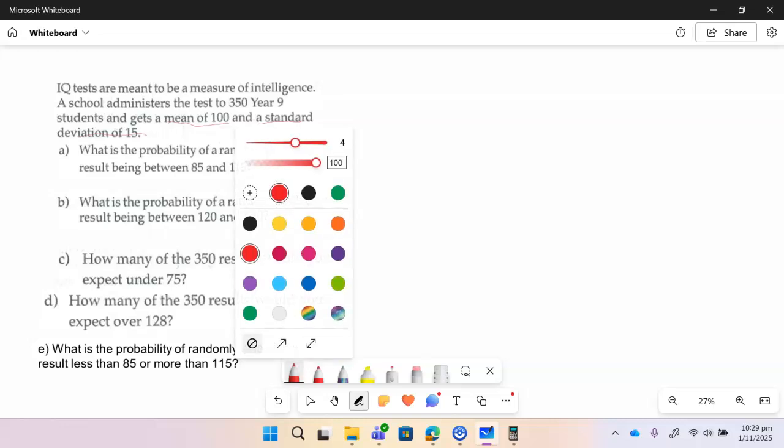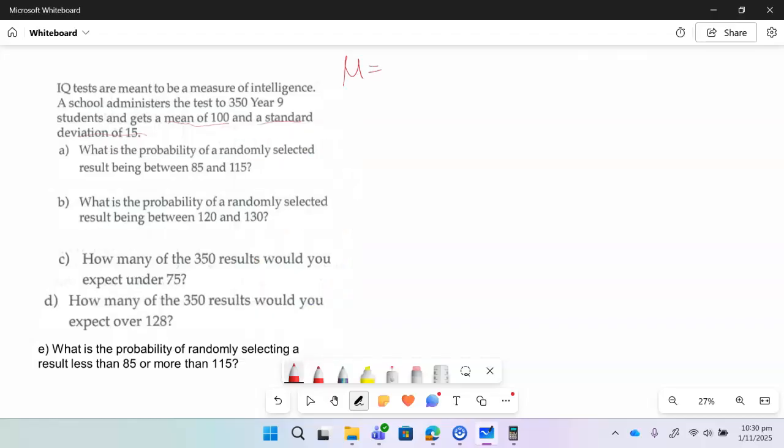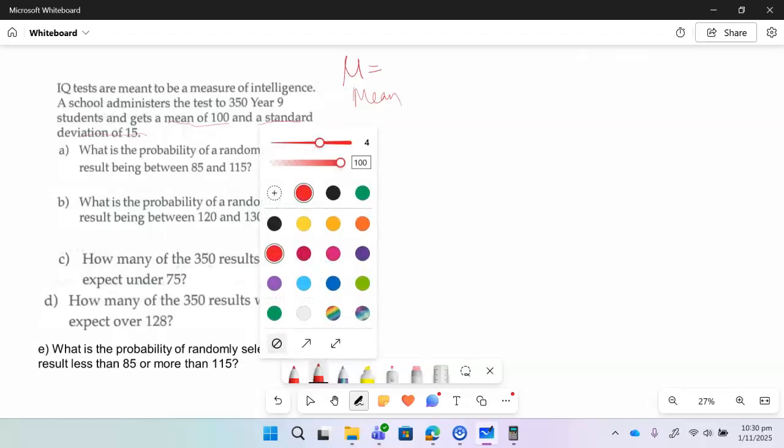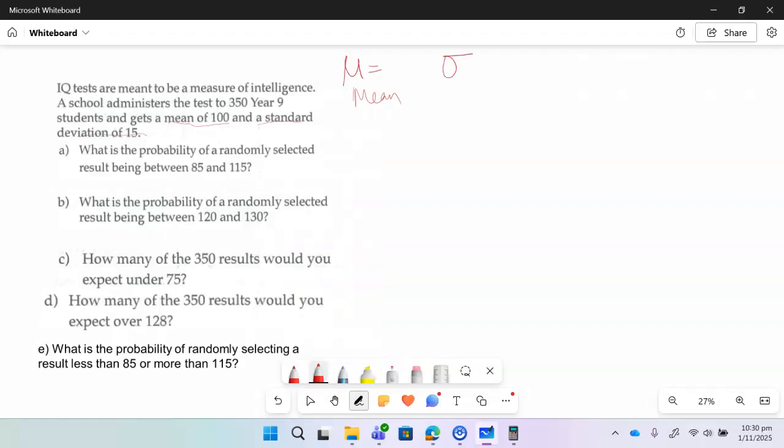To write them using symbols, I use a squiggly thing like this for mean, and a circle with a line on top for standard deviation.